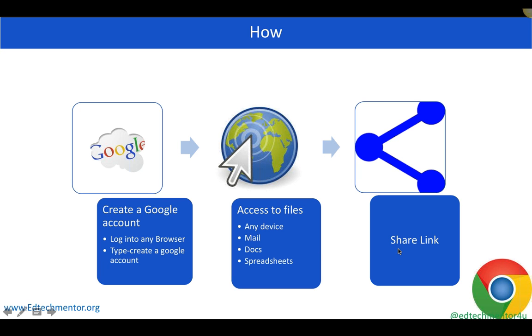Now, I recommend creating a Google account for your family, a separate account, not just sharing one with your children. The benefit is that they have their own files stored separately from your files. Otherwise, when they log in, they could switch to your mail app and read your mail and things like that.